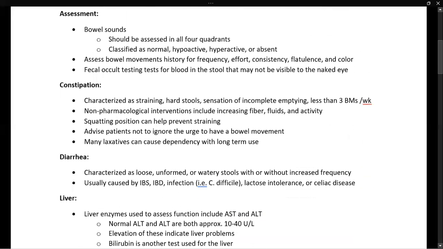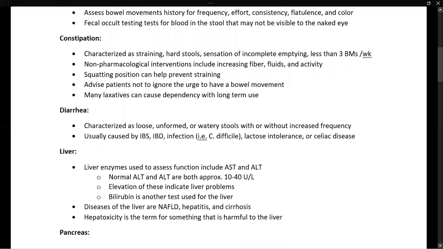Squatting position may help a patient relieve their straining and their effort. You should advise patients not to ignore the urge to have a bowel movement. And finally, you should caution patients that many laxatives can cause dependency with long-term use. Pharmacological interventions for constipation are discussed in depth in the pharmacology section.